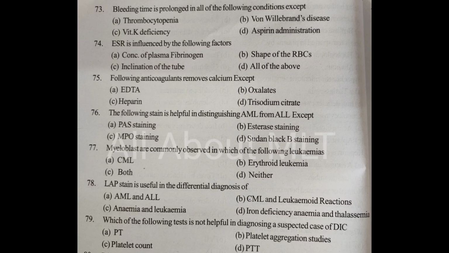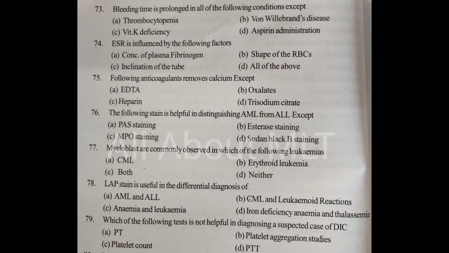Myeloblasts are commonly observed in which of the following leukemia? Option A, CML; option B, erythroid leukemia; option C, both; option D, neither. The answer is option C, both. LAP stain is useful in the differential diagnosis of: option A, AML and ALL; option B, CML and leukemoid reactions; option C, anemia and leukemia; option D, iron deficiency anemia and thalassemia.